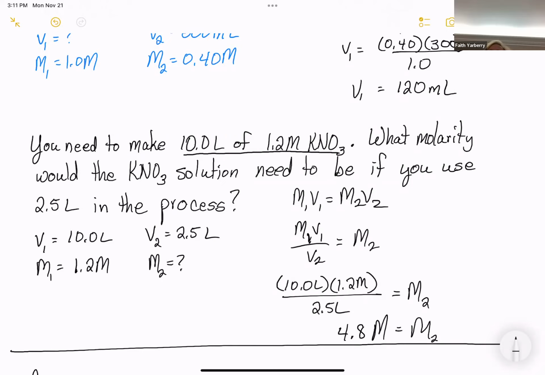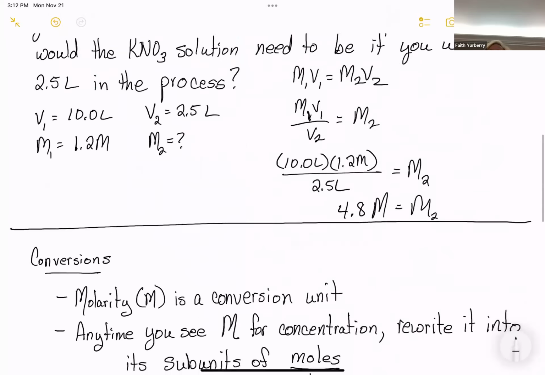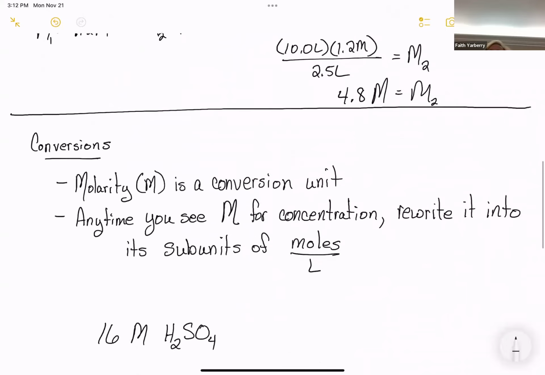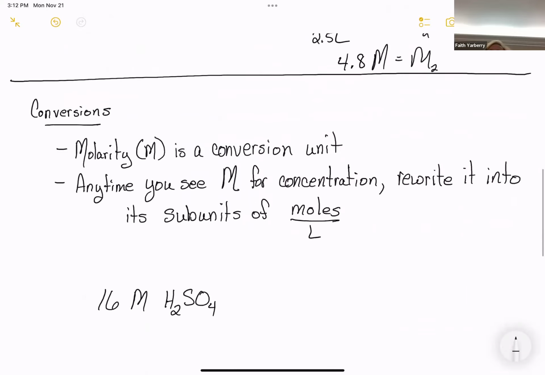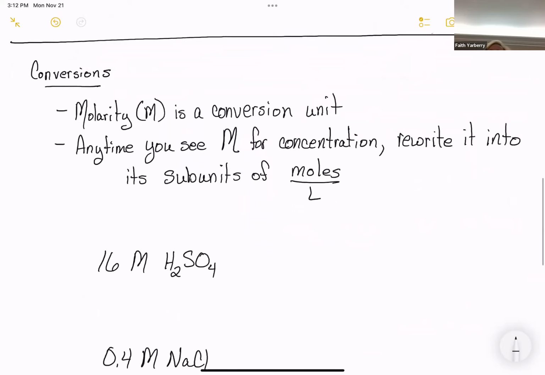The second one was a dilution calculation, where we started with a liquid and made a liquid that was more dilute. Now, what we get into is the beginning of conversions, with molarity as the conversion unit.